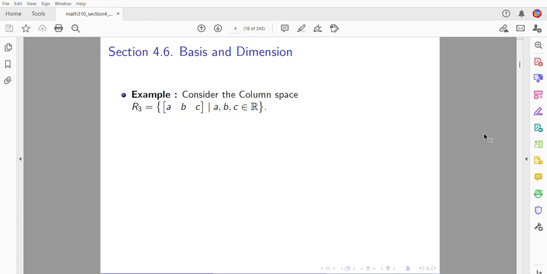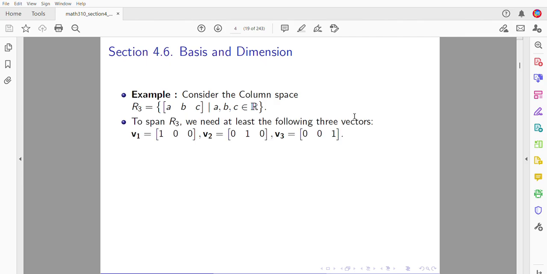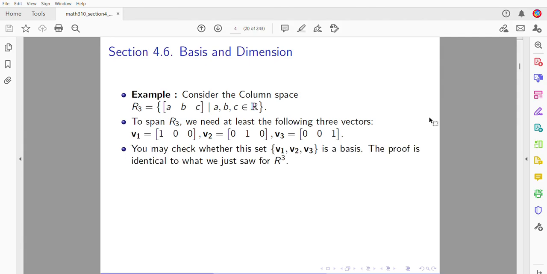Now consider the row space, not column space, excuse me, the row space of A, B, C. To span the row space, we need at least these three vectors: 1, 0, 0; 0, 1, 0; 0, 0, 1. Exactly the same arguments as before. You may check that this is a basis.